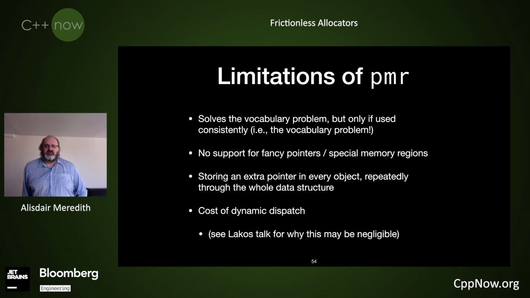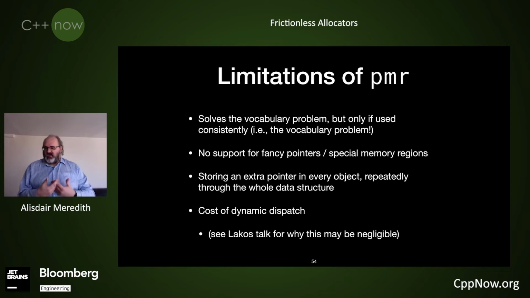Limitations of PMR. It solves the vocabulary problem that if I've got containers using different allocators, they suddenly become different types. We solve the vocabulary problem by consistently using PMR types. We don't support fancy pointers, as I said, no special memory regions, no shared memory.